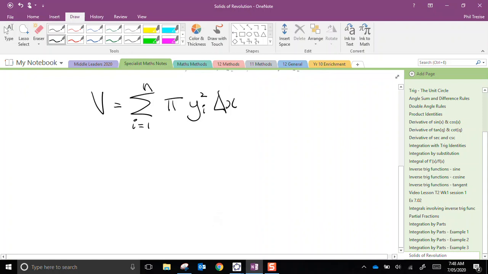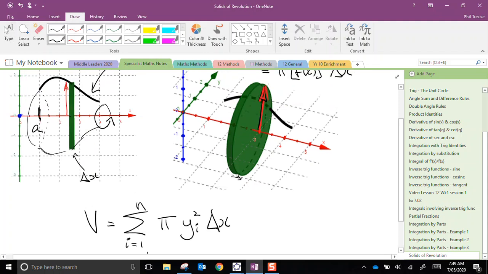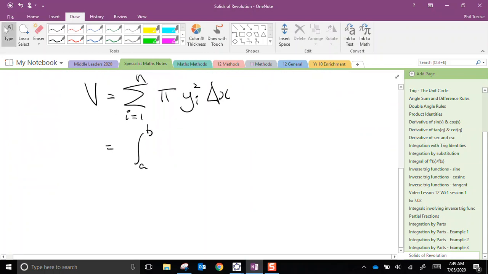Now, in the limit, as delta x approached 0, we would have an integral. And the integral would have a lower bound and an upper bound. The lower and the upper bound would be point A and point B. The limits of integration would literally define the beginning and the end of my curve, and that's the bottom and the top of my shape.